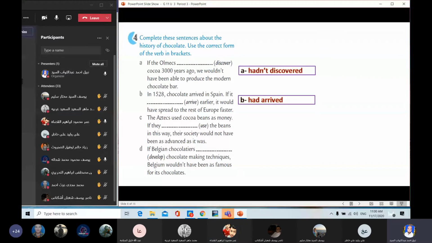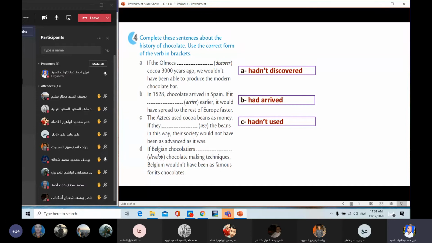Riyad. If the Aztecs use cocoa beans as money. If they not use beans in this way, if they hadn't used. Hadn't used. Very good. Thank you. Yusuf Muhammad Attia. Yes, teacher.